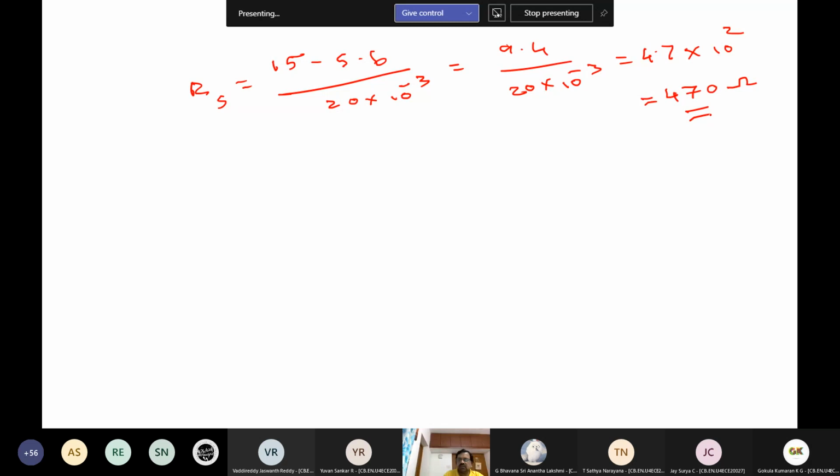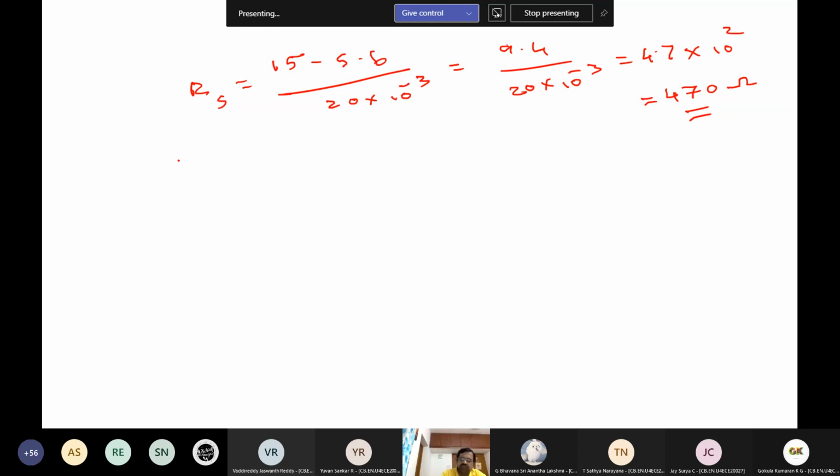So this is exactly what we'll be doing in the lab when you are given a Zener diode with certain ratings. You must be able to find the operating point for the Zener operation. Okay, so remember these calculations you are doing in this class. This is not simple theory, you must relate it in the lab when you are given the lab session.